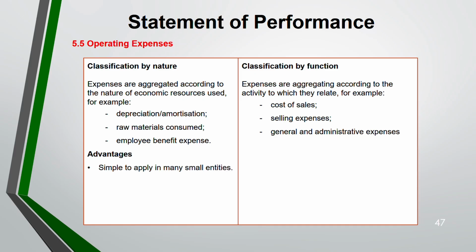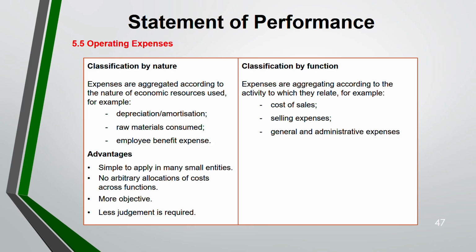Advantages for nature: if you classify by nature, it is used in many small entities and there is no arbitrary allocation of cost across functions. It's more objective and less judgment is required. On the other hand, advantages of classification by function are it provides more relevant information to users.